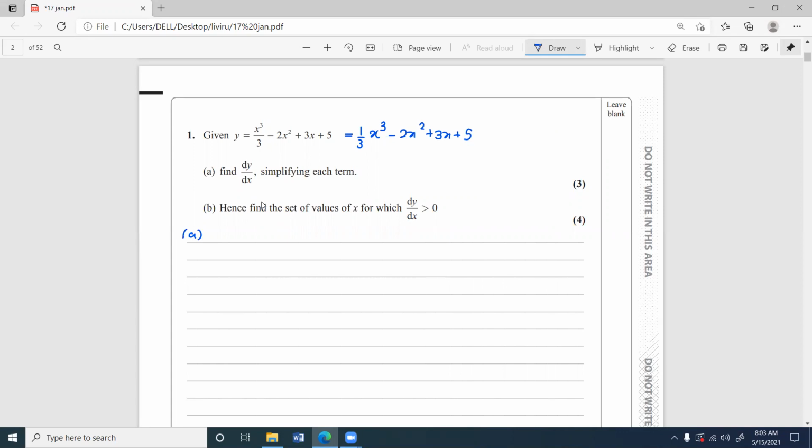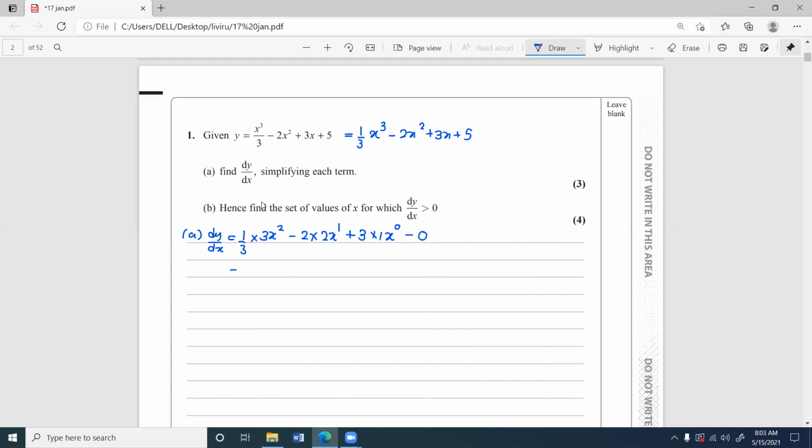So you can write dy by dx is equal to 1 over 3 into differentiation of x to the power 3, which is 3x squared, minus 2 into the differentiation of x squared, which is 2x to the power 2 minus 1, plus 3 into the differentiation of x, which is 1, minus the differentiation of 5, which becomes 0.